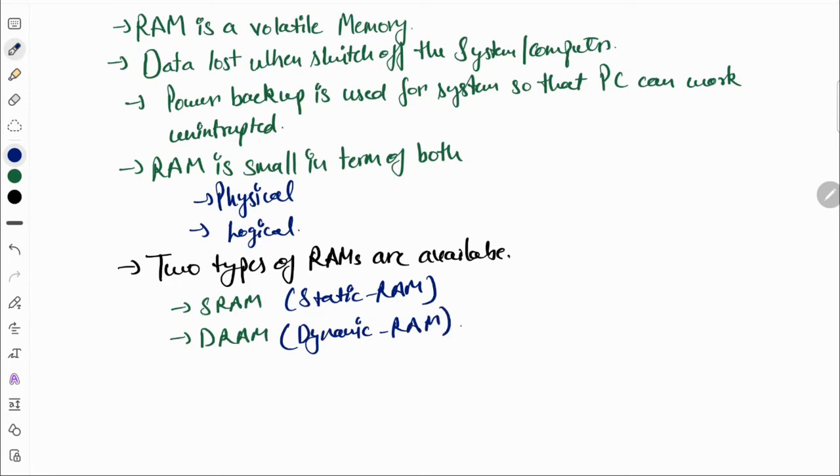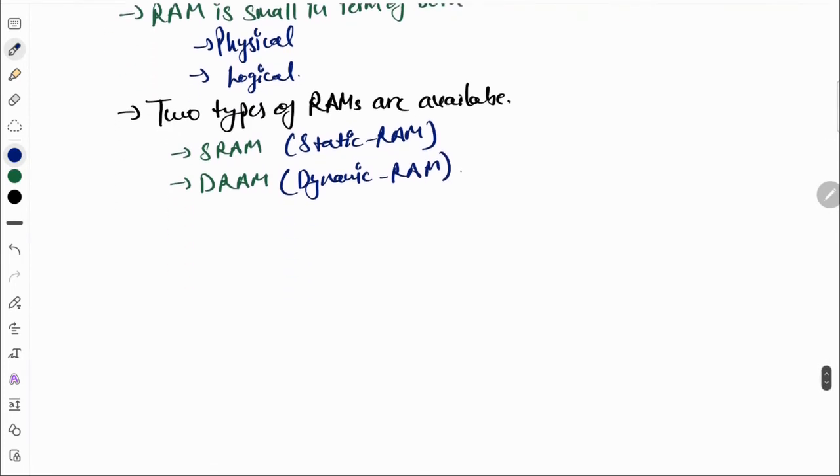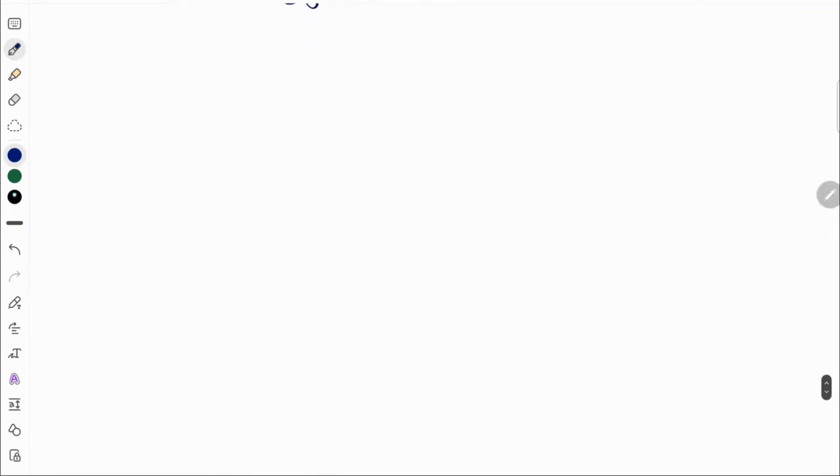Let's talk about static RAM. Static indicates that the memory retains the content as long as power is being supplied.